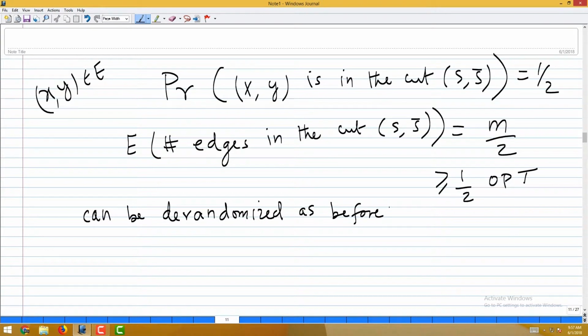Then put x in S bar, put the remaining, compute the expectation, and whichever is larger will help you decide whether you should put x in S or S bar. Repeat this, and in polynomial time you will actually get a partition which has a good number of edges crossing the cut. I will leave this as an exercise, but I more or less said how to do this.